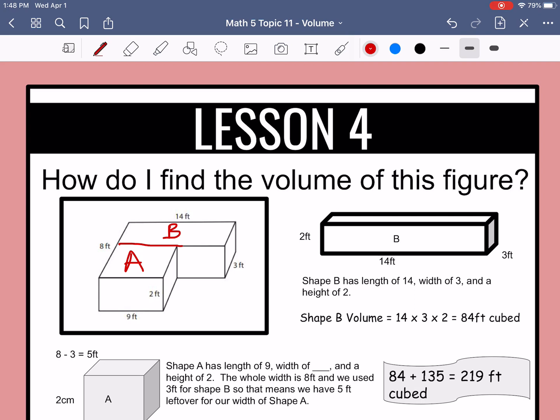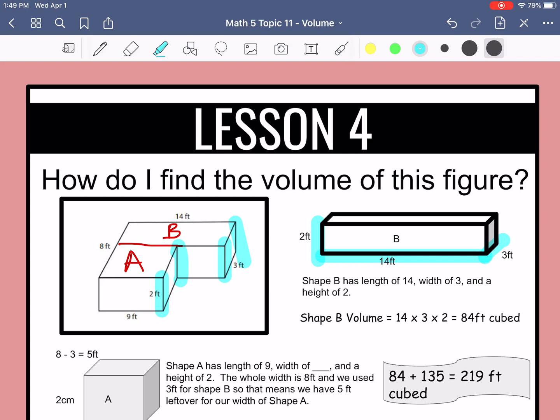We see that shape B has a length of 14, and that's already there. We can see it has a width of 3. And if you look here, this is 2, which means this is 2, this is 2, and this is 2, which means our height is 2.